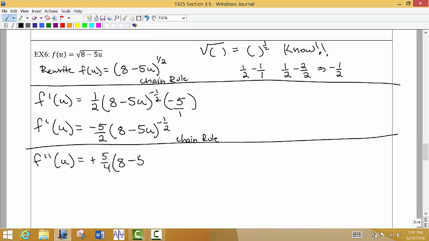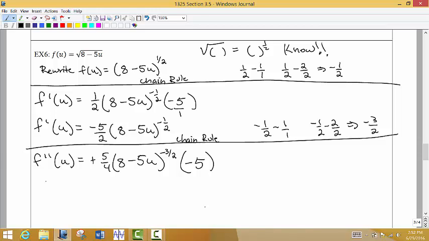We're going to write down the inside as is. Now our exponent is negative 1/2. I'm going to subtract 1 from that again, which means once again I need a common denominator. Negative 1/2 minus 2 over 2, that gives me negative 3 over 2. So I get negative 3/2. And then we're going to multiply by the derivative of the inside, which once again is just negative 5.